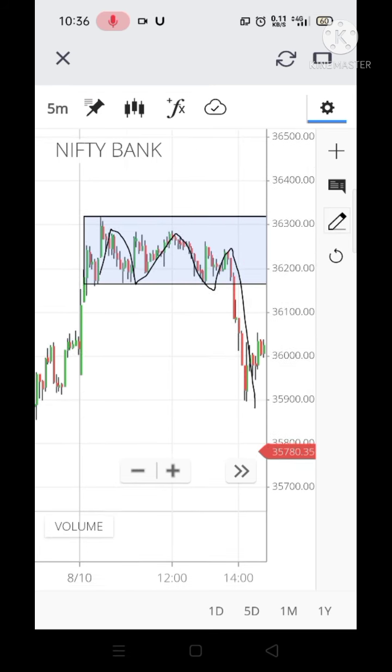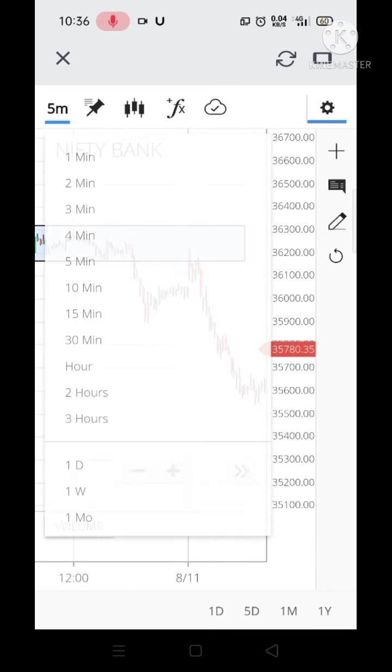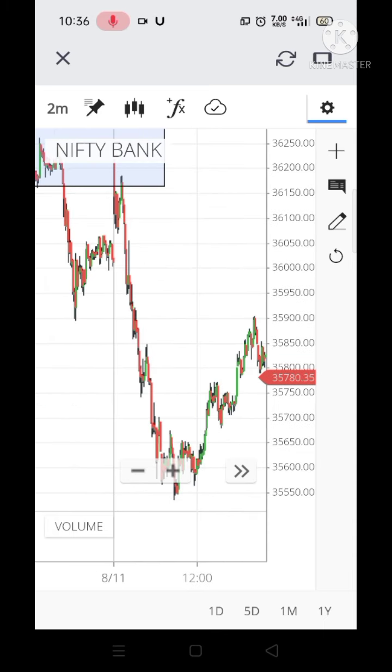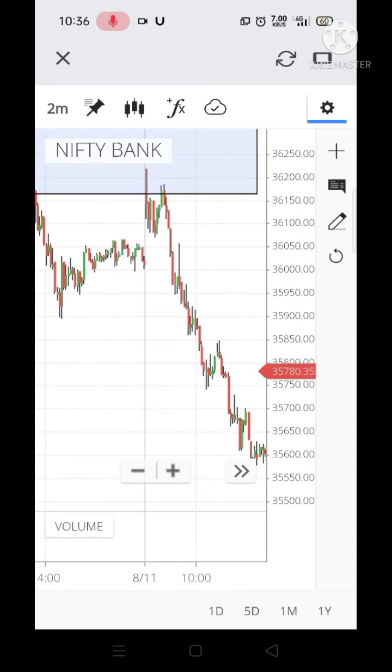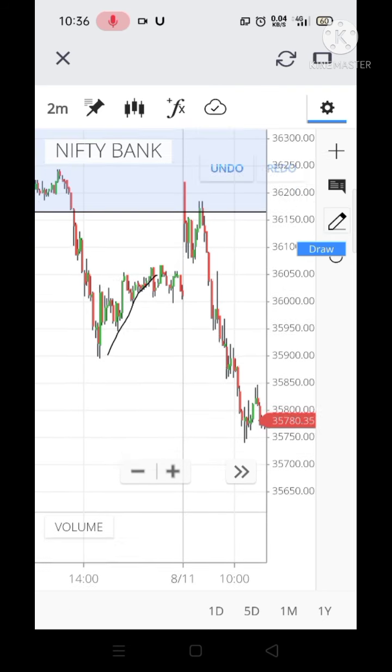So before the market starts, my bias was already for a short trade, but still I waited. And you know that I take my trade on the 2-minute time frame. So moving to the 2-minute time frame, what I saw was that from yesterday the market was making some flag pattern.